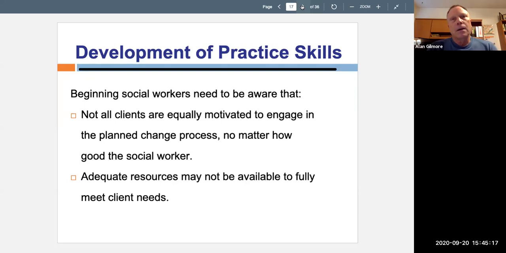So, in some communities, if you're working with someone who's experiencing domestic violence and you're telling them, you need to get to a shelter, and there is no shelter and the client does not have adequate transportation, that could be difficult for them. So you have to really think through what it is that you're suggesting and make sure that you're able to align those resources with what the client needs.